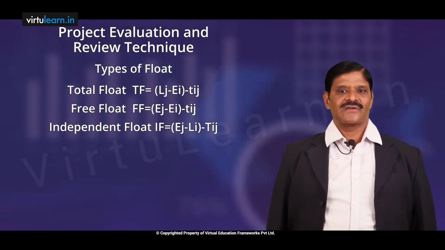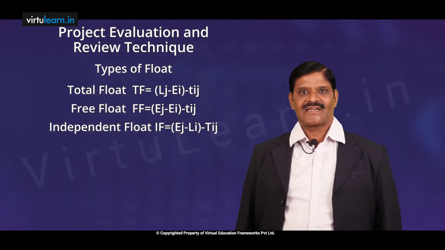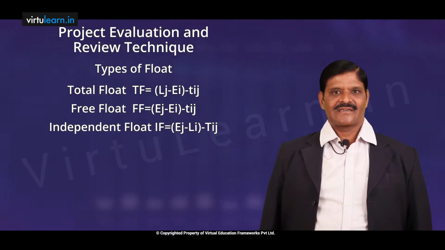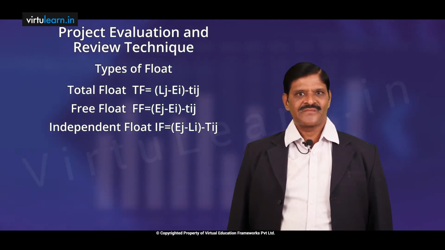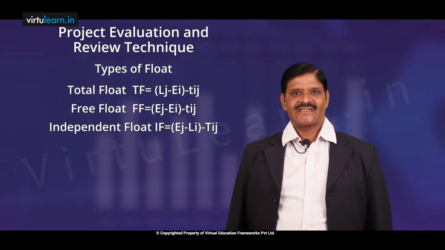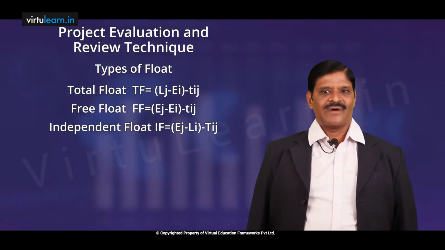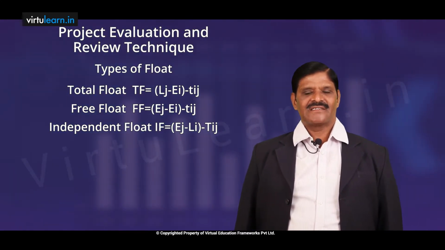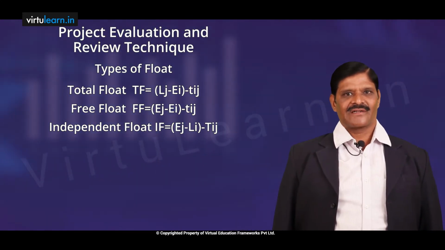float, which is equal to latest start time minus earliest start time. That gives us total float. In other words, we can express that as latest finish time minus earliest start time minus the duration of that particular activity.